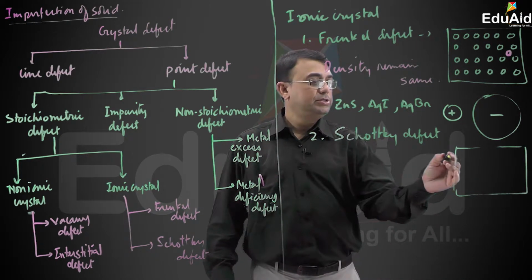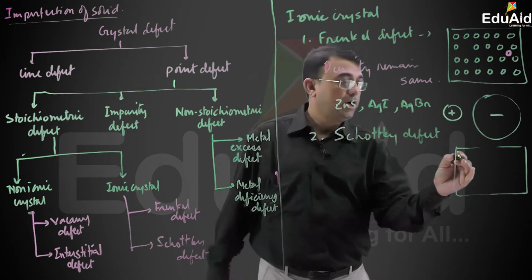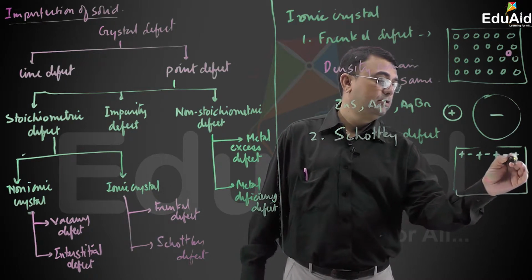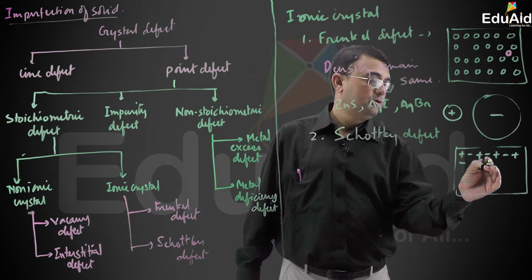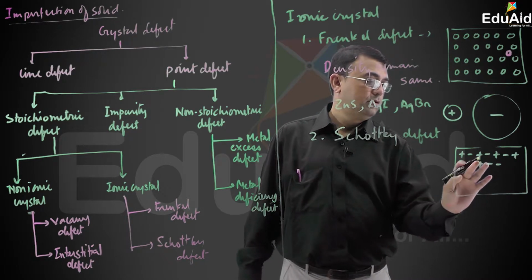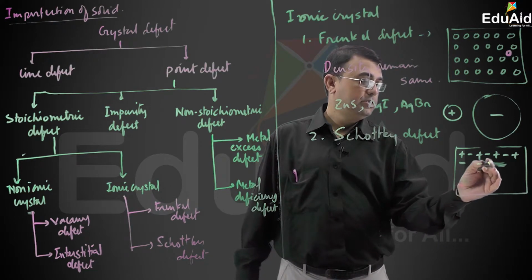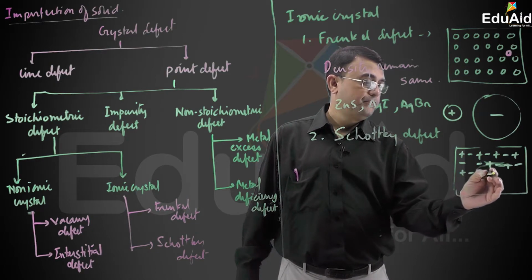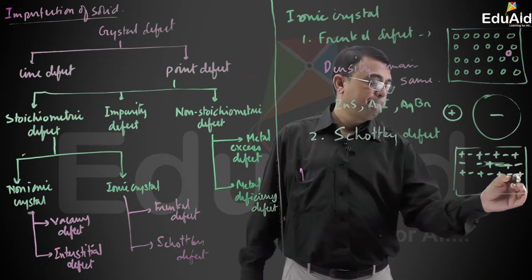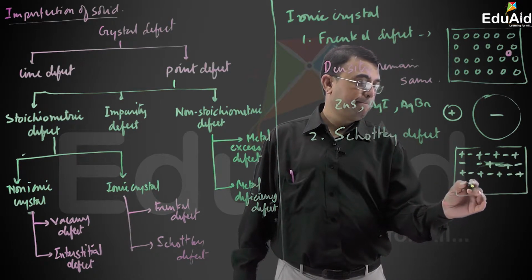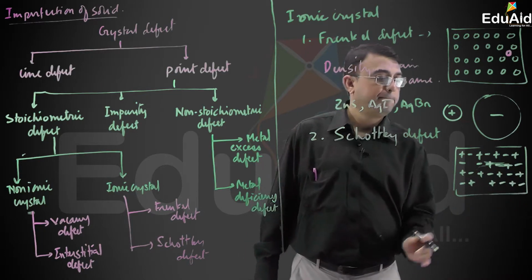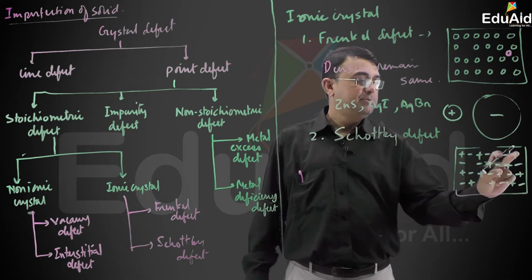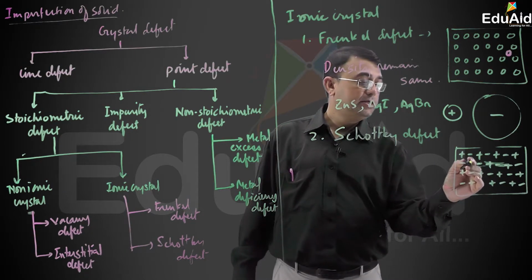In Schottky defect, again you see it is an ionic solid, so ions are arranged in a definite order. Minus, plus, minus, plus. Here I have shown a difference. If you look at plus, minus, plus, minus, plus, minus, there should have been a plus here.